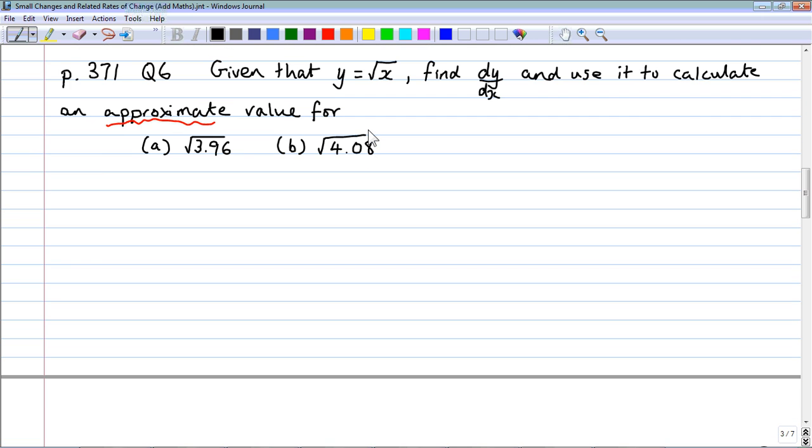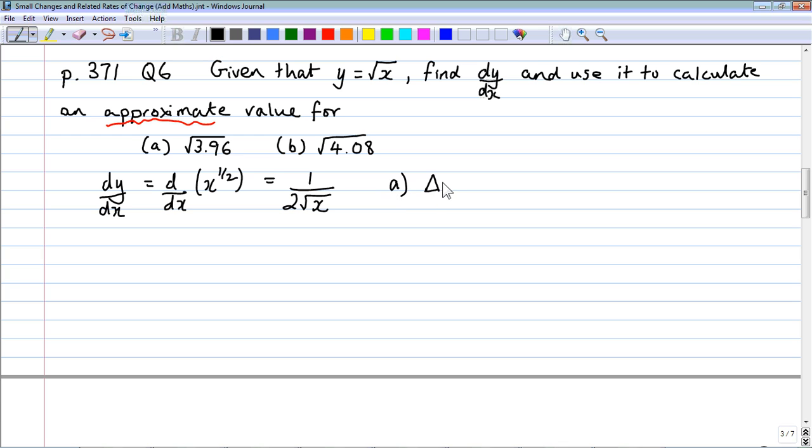Okay, so first step, find dy by dx. Well, that's easy. X to the 1/2 gives us 1 over 2 times the square root of x. Okay, so how do we use this for part A?